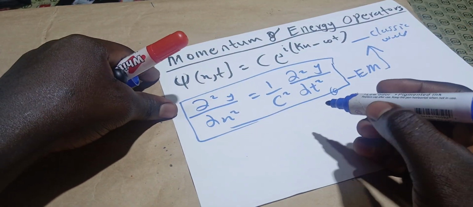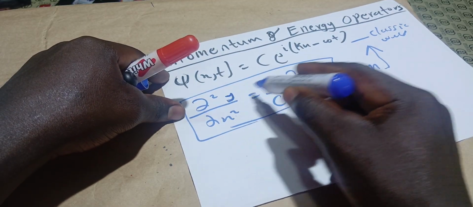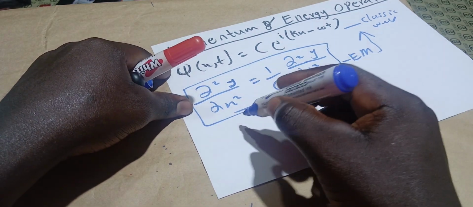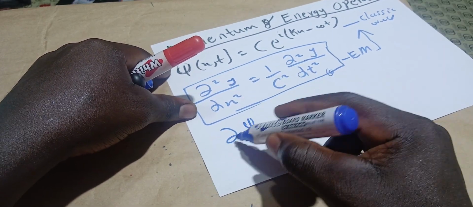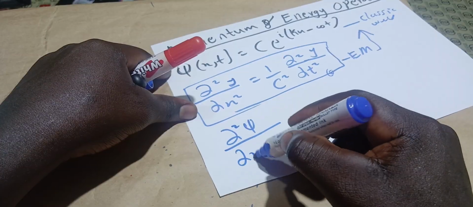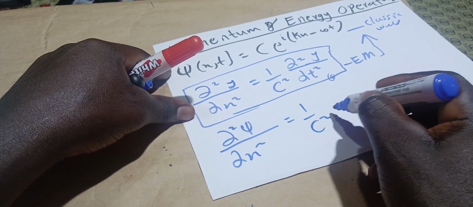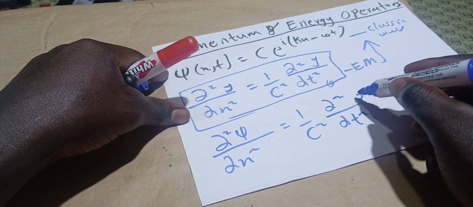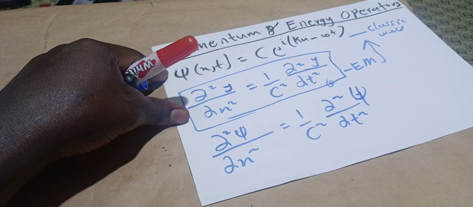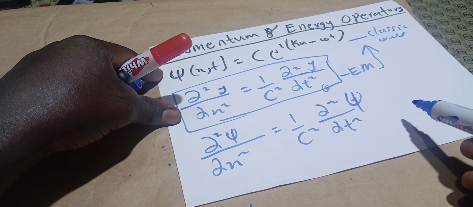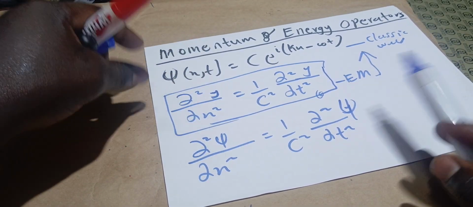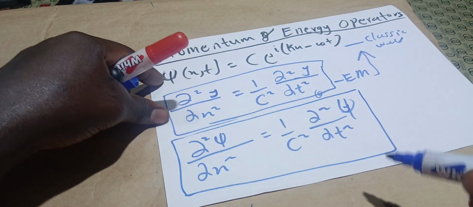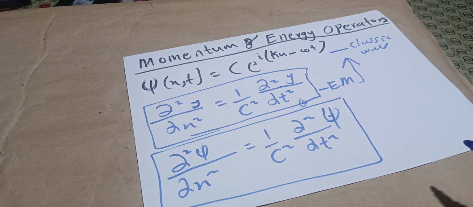So Schrodinger replaced this y, which is the displacement of the wave in the x direction, with the wave function psi. Because the electromagnetic wave and the classical wave have the same general form, their general solution is also in the same form, with the same structure.